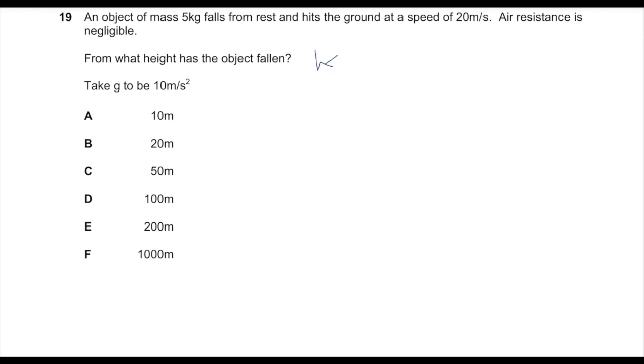So KE equals a half mv squared, and gravitational potential energy equals mg delta h.